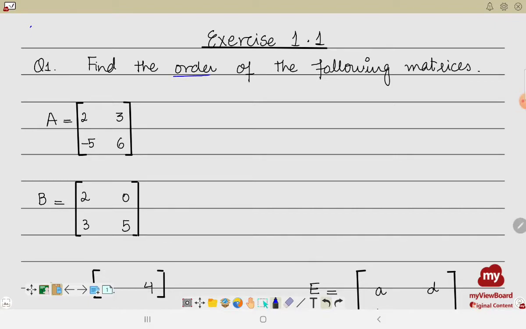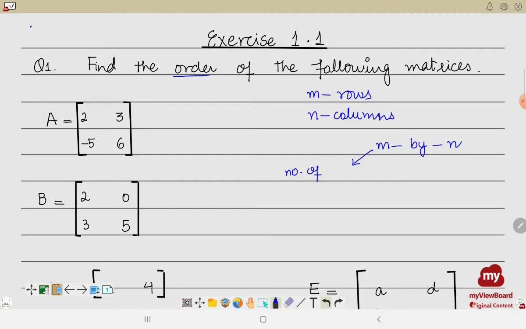Let's recall how we represent the order of a matrix. If a matrix has m rows and n columns, then the order is represented by m by n, in which m represents the number of rows.